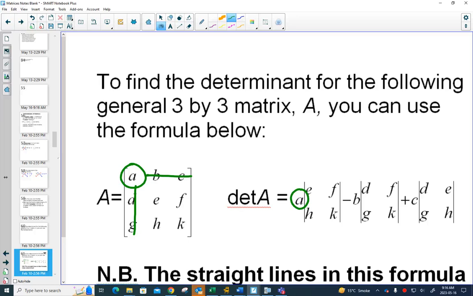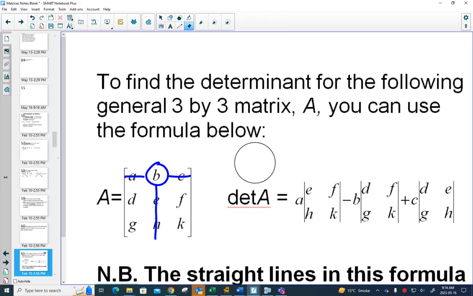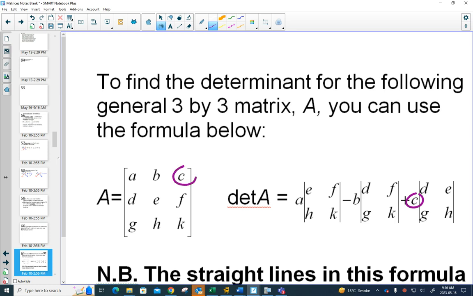Then you go to B, cancel out everything in its row and column, and multiply by its determinant. Then you go to C, and same idea. Take C, cancel out everything in its row and column, and multiply by the determinant that is left. That's the memorization way to remember that formula.